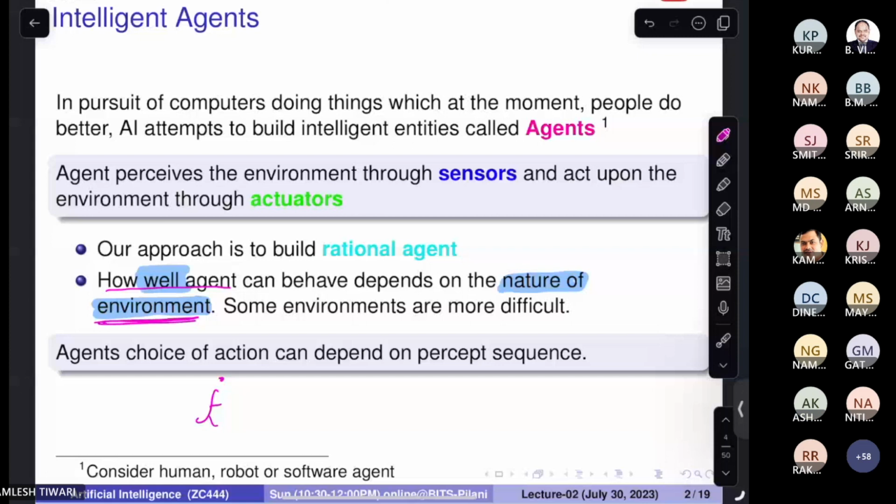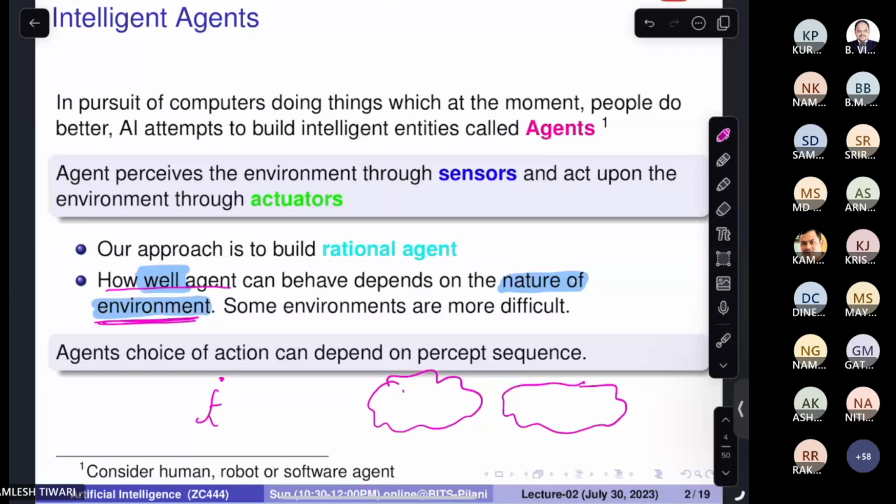So you think that there is an environment, and in this environment, this agent is going to work. Different environments could be there. For example, if it is an autonomous driving car, I can implement it to go into Rajasthan, and I ask it to drive in Mumbai.